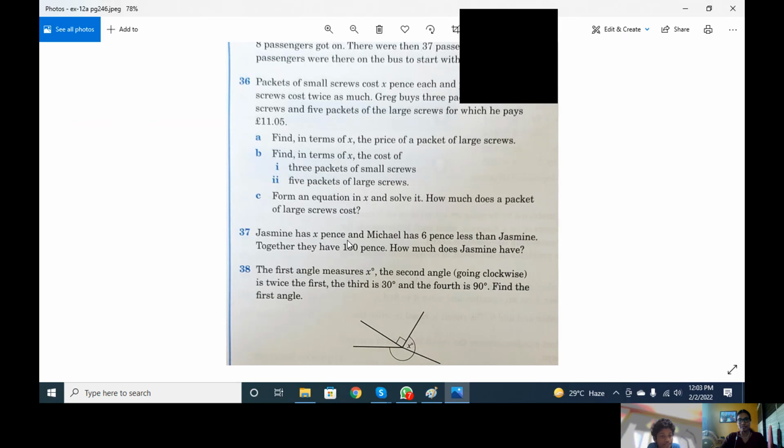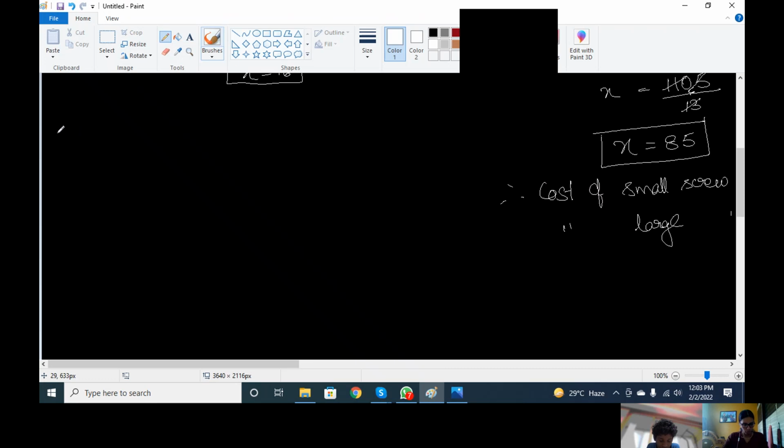Jasmine has X pence and Michael has 6 pence less than Jasmine. So let's write it down with question number 37. The number of pence with Jasmine is X pence.